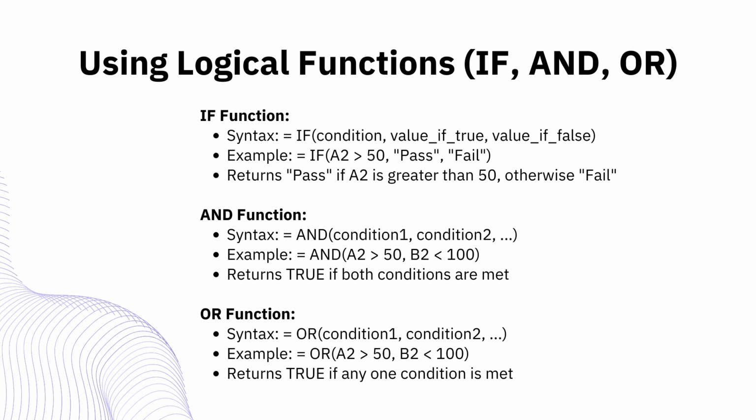Conversely, =OR(A2>50, B2<100) will return true if either A2 is greater than 50 or B2 is less than 100. These logical functions are essential for data segmentation, conditional formatting, and decision-making processes in your analysis.